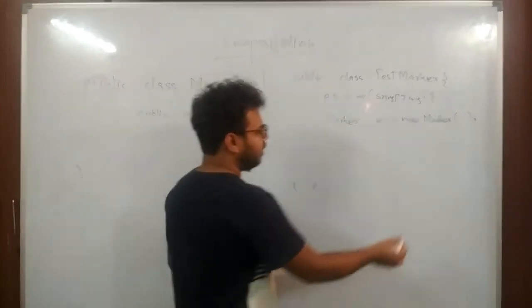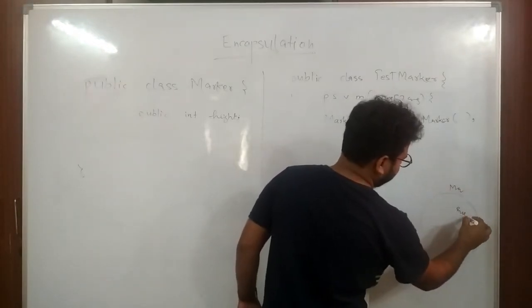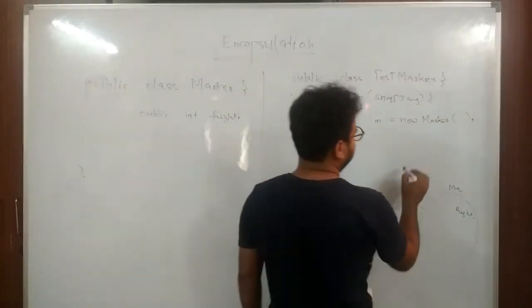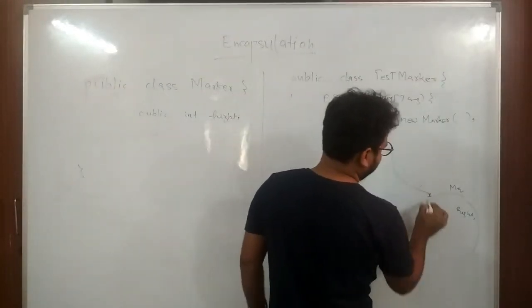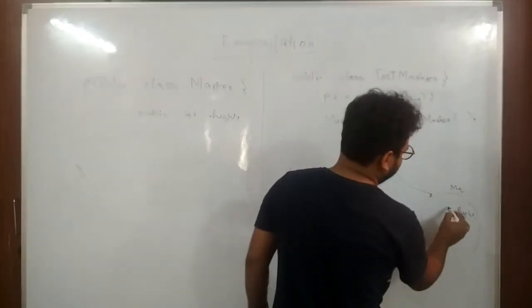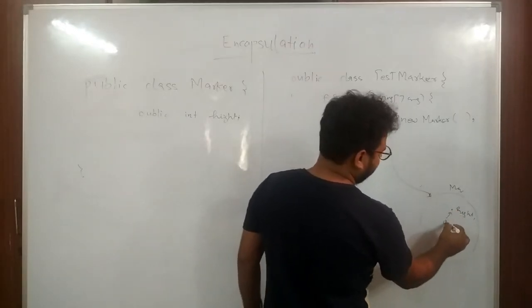Okay, so here we have our object of Marker, and inside it we have height, that is the height of the marker, and we have our reference variable m pointing to this. To access this height, we have to use the dot operator. Okay, that is very important, the dot operator.